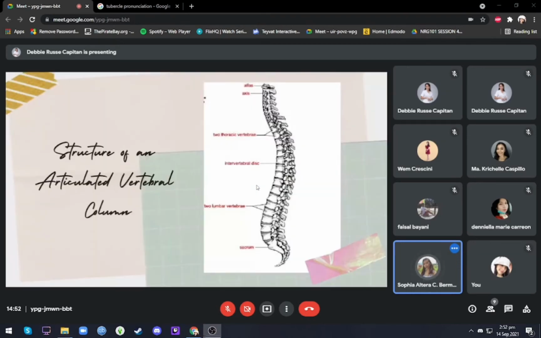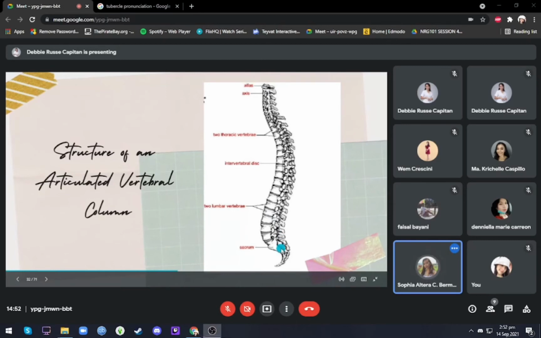For the structures of an articulated vertebral column, this is the atlas, as you can see, and this is the axis. This one is the two thoracic vertebrae. This is the intervertebral disc. This one is the two lumbar vertebrae, and for the last, this is the sacrum.